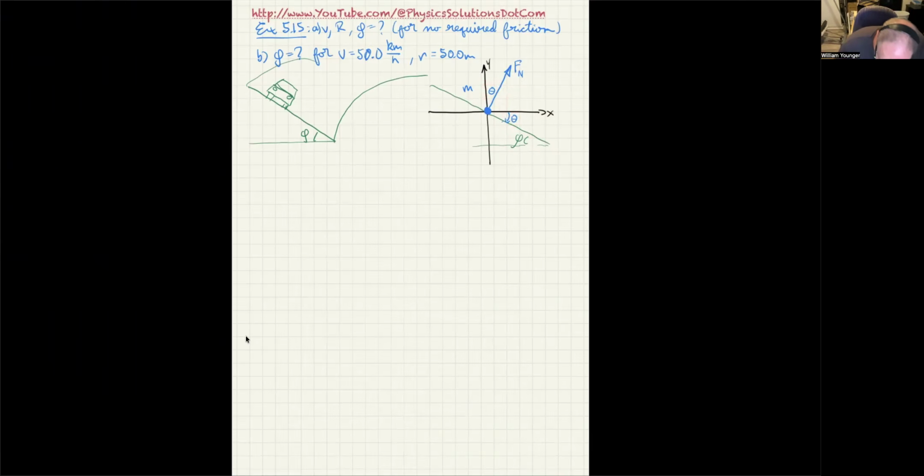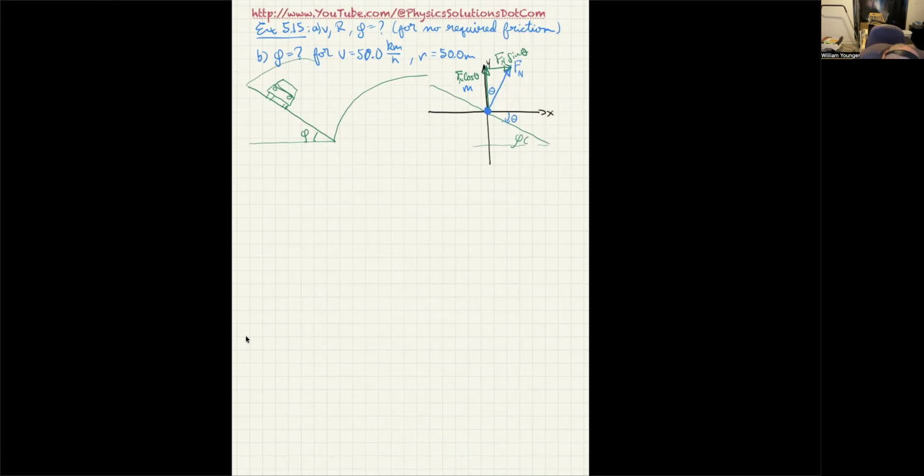And to make sense of it, I've got to break this down into components parallel to the X and Y axes. So I'm going to have a normal force component in the Y direction that is Fn cosine theta. And then in the X direction, it is Fn sine theta.